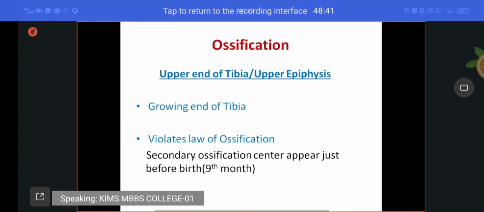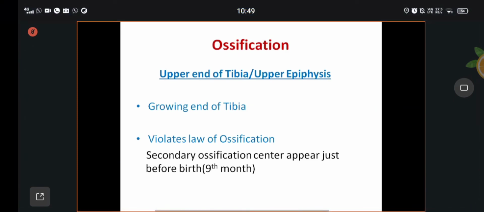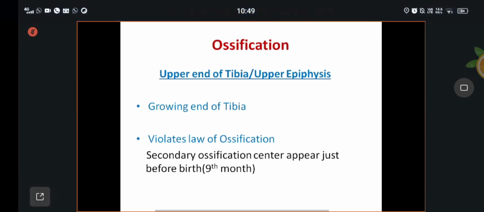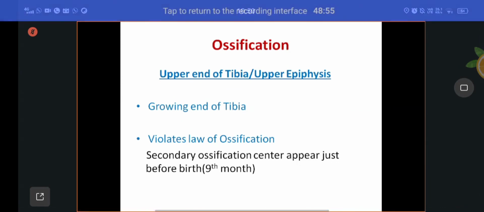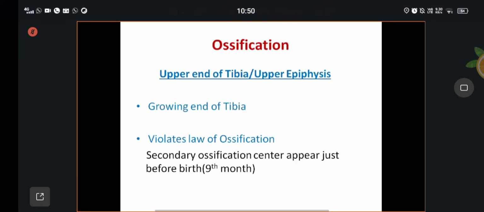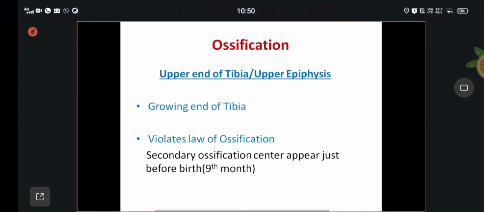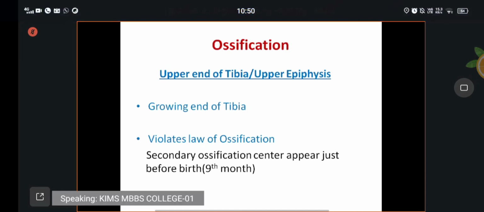At this time, I want to remind you of the laws of ossification. There are a number of laws that you have to remember. For the time being, I will tell you three laws. One, the primary ossification center appears before birth. That means the diaphysis, the main part or shaft of the bone, develops before birth.